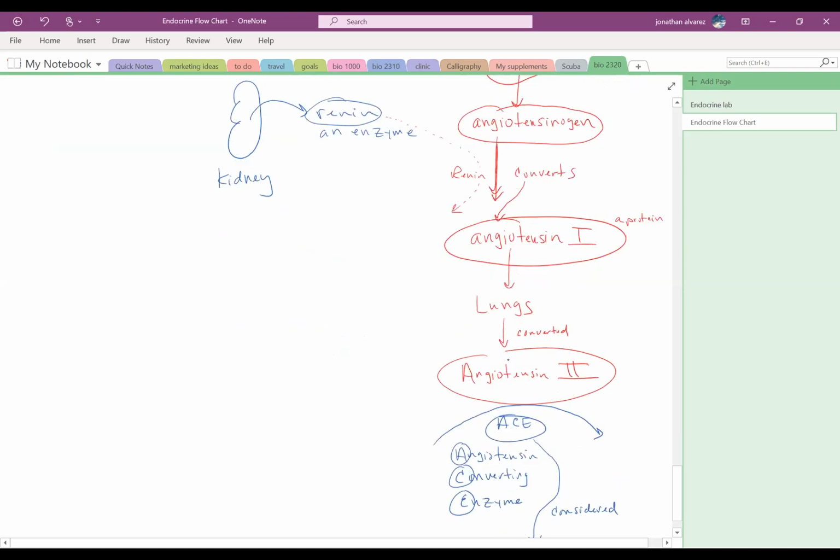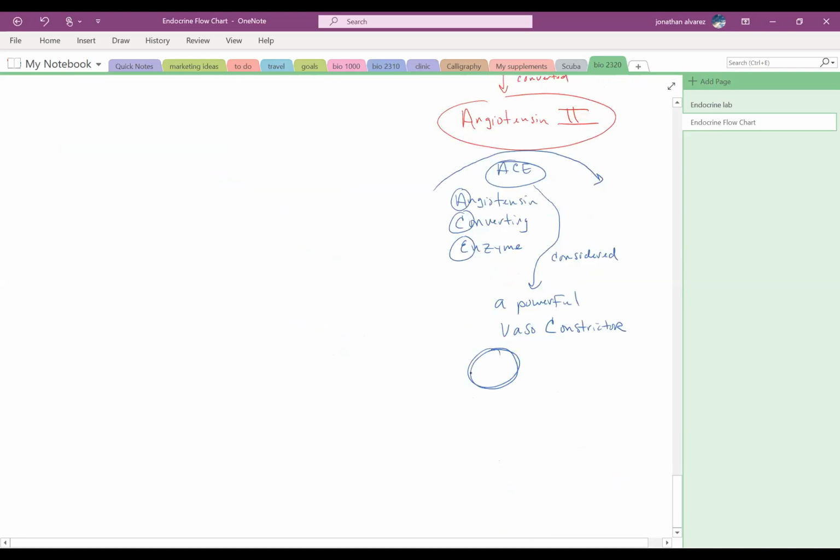Well, if you go from a big tube to a smaller tube, which is vasoconstriction, the pump has to work harder to push fluid through a smaller tube. So therefore, it starts to increase the pressure.